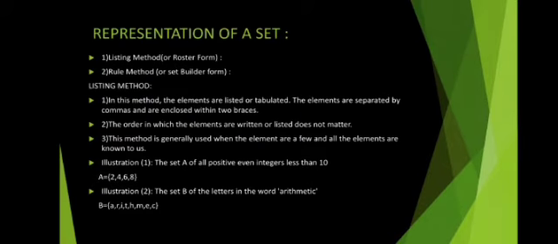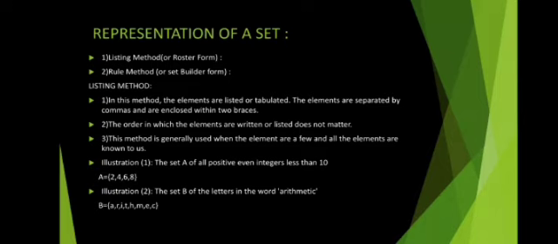Example number 2: the set B of the letters in the word arithmetic. Set B is nothing but the collection of the letters in the word arithmetic. Which letters are used to form the word?